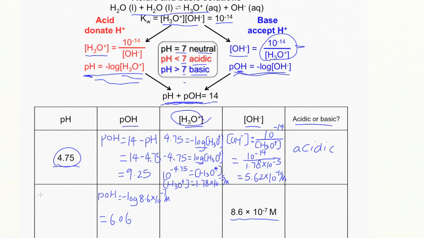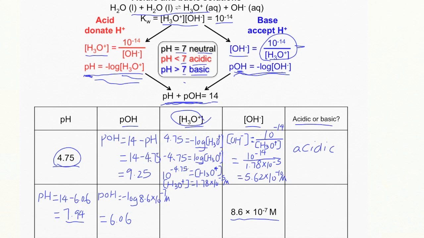After you find out pOH value, then it's going to be very easy for you to find out the pH value, because pH value equals 14 minus 6.06. And that is 7.94. Alright, now here is very easy because you know the pH value. You can calculate the hydronium concentration by using the same strategy we have for the first question.